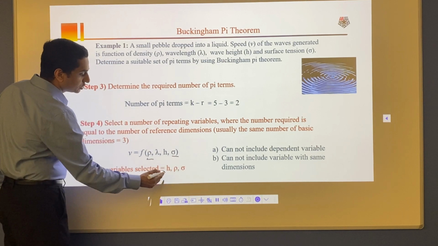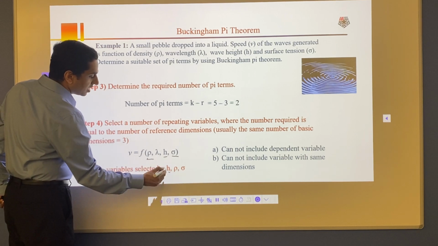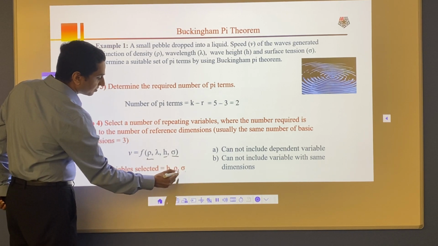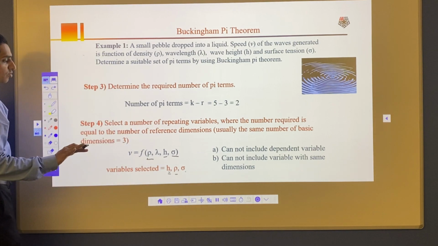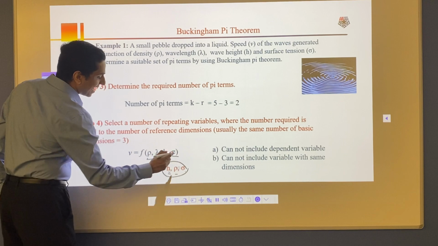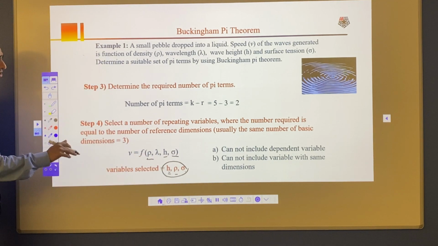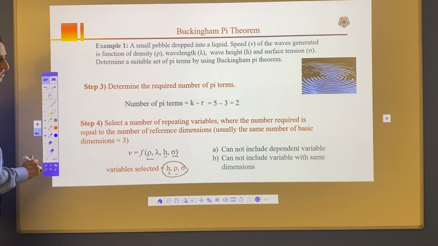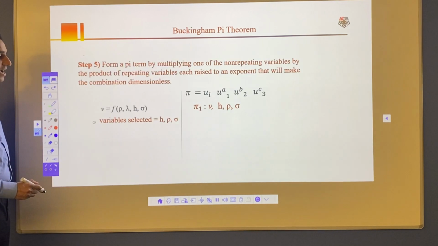So in this case I choose height, I choose density, and I choose surface tension. So step 4 is simple. Choose 3 out of 5, and that's pretty much it. Once you choose your h, density and surface tension, you are ready to go for step 5.